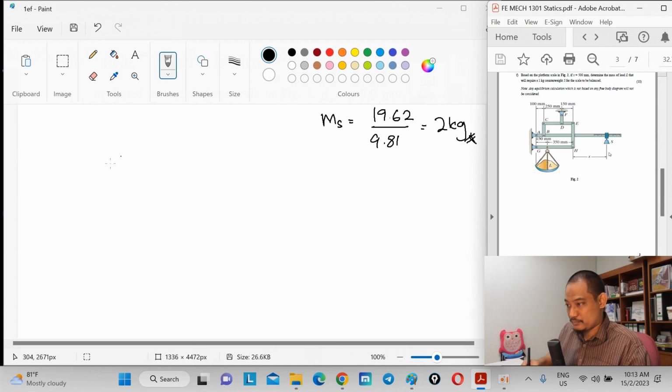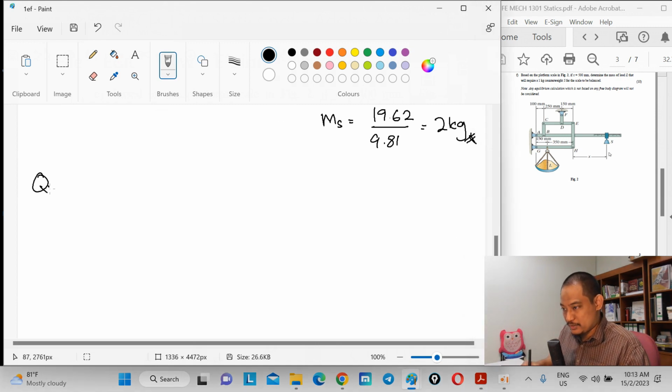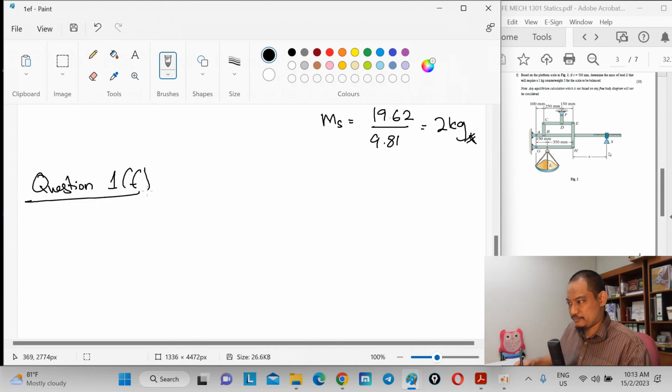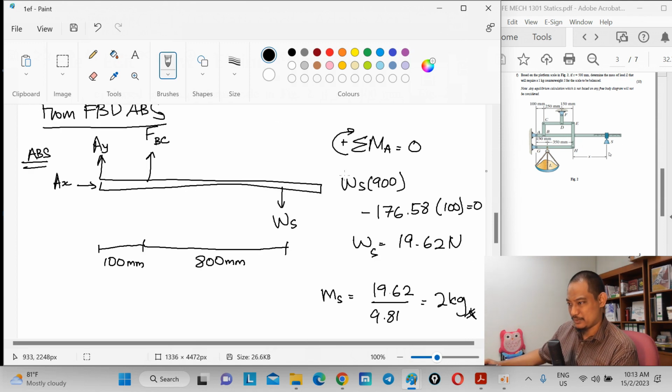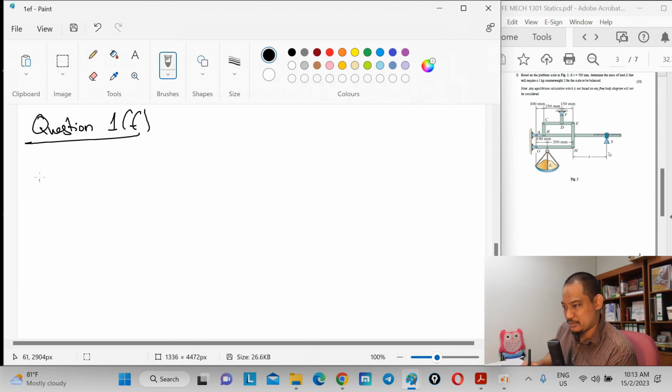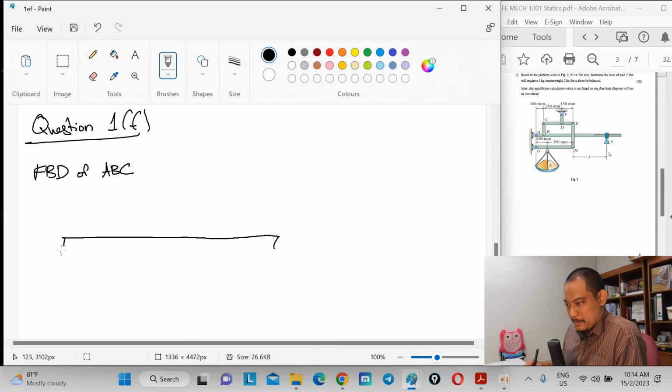So question 1F. Because what is given is S, we'll start with that one. We'll start with this one. So ABS, let's just draw the FBD. FBD of the ABS member. So you'll have something like that.